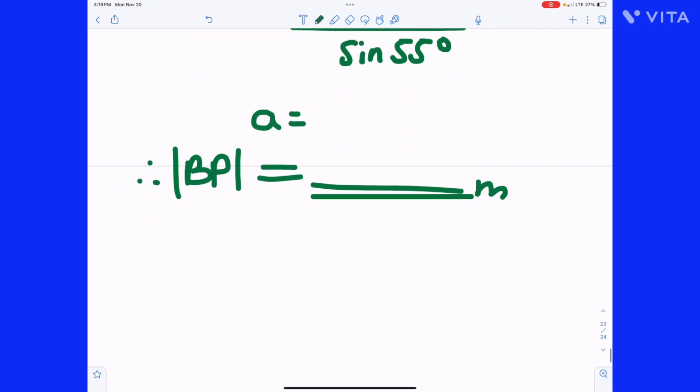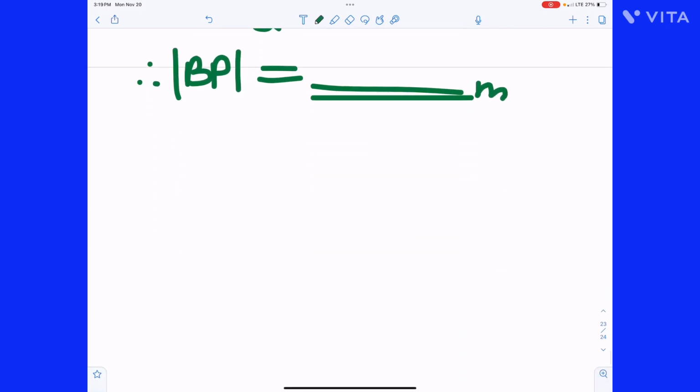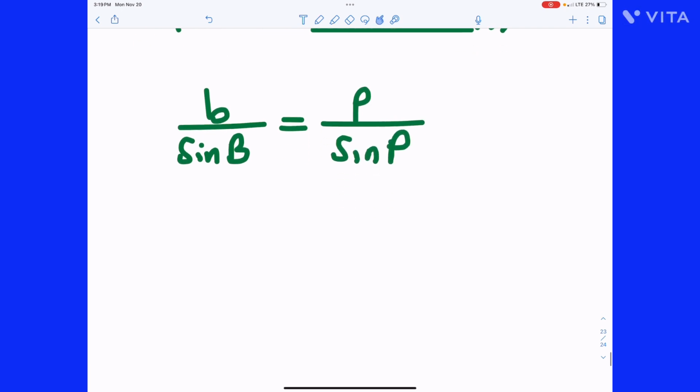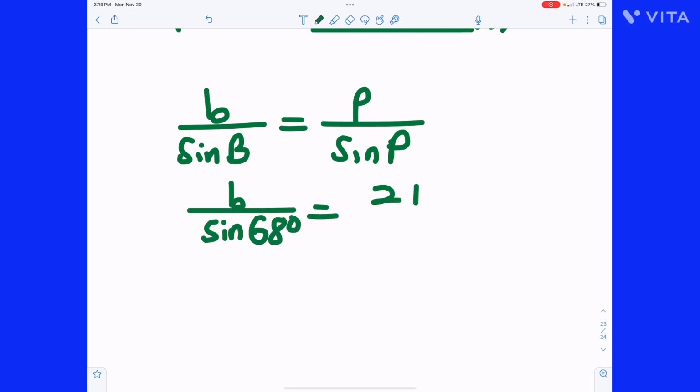Also, the same way, you can do B over sine B. You can also do B over sine B is equal to P over sine P. What will that give you? That will give you B over sine 68 degrees is 21 meters over sine 55.